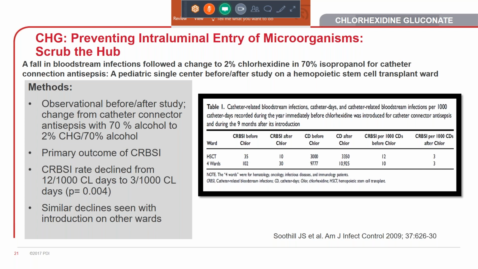I think it's also important to note here that they do cite their central line days for the time periods, and that there was really no statistically significant difference in the utilization of central lines. You also see here that they saw similar declines with introduction on the other 4 wards.